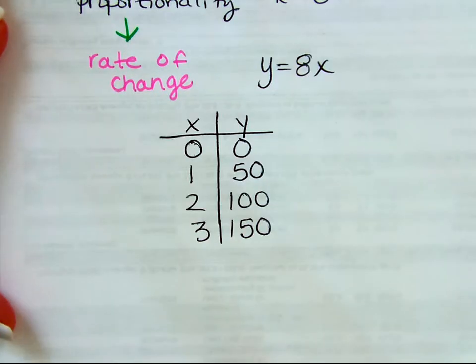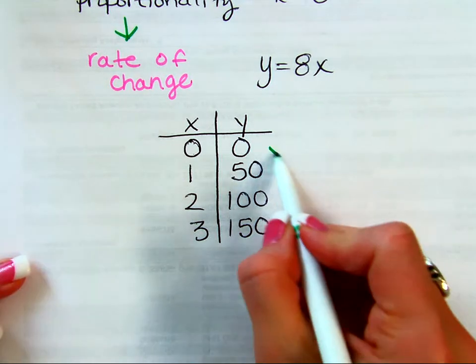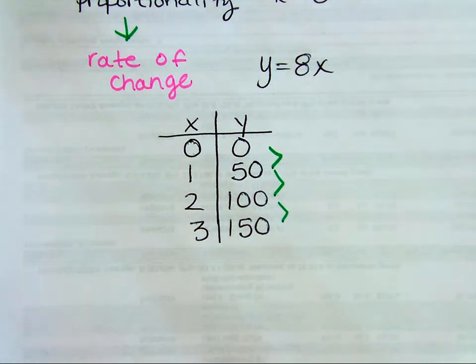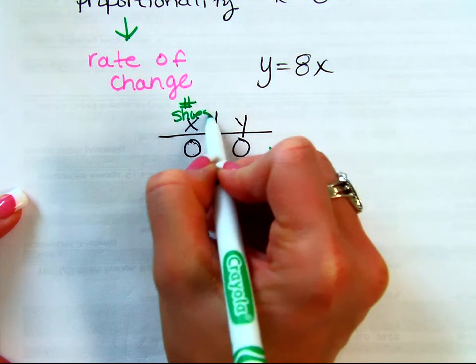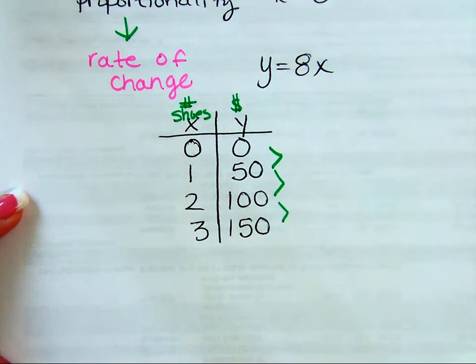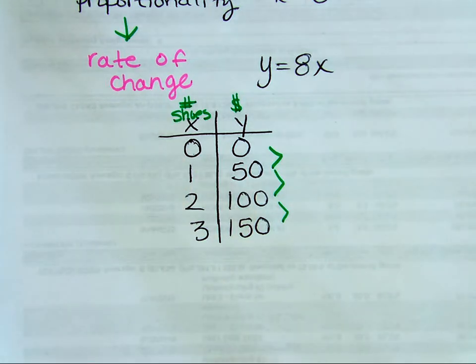So the rate of change would mean what is the rate that this is changing by. Let's give these some titles. Let's say my X is the number of pairs of shoes that I buy, and my Y is the cost. If I don't buy any shoes, I don't owe any money, right? But if I buy 1 pair, I owe 50.